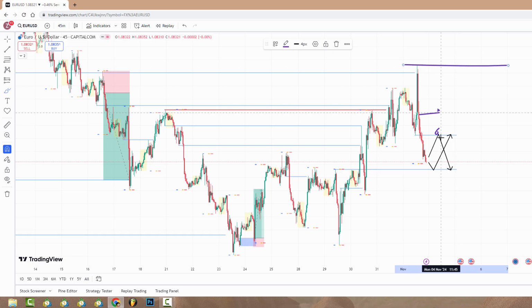I think I'm gonna be looking for shorts here, right? Look for shorts. But even though we're bearish, as soon as price comes tagging in this efficiency, we can look for buys.